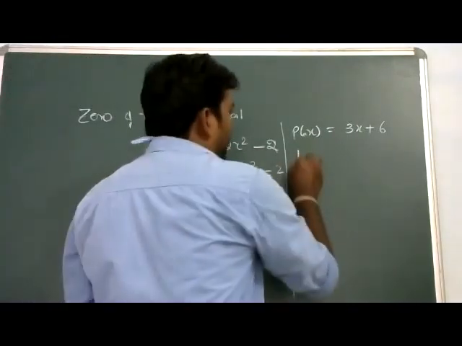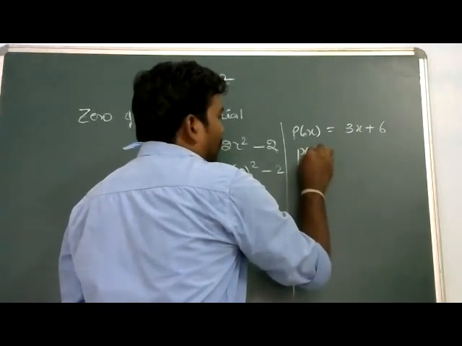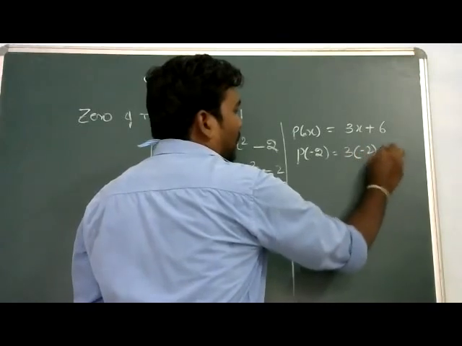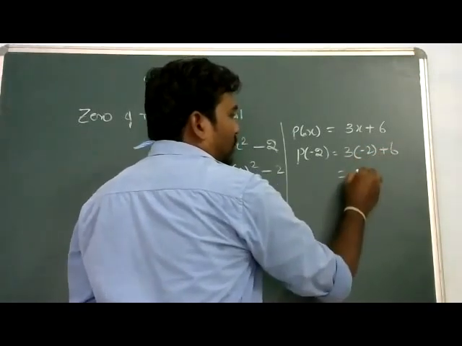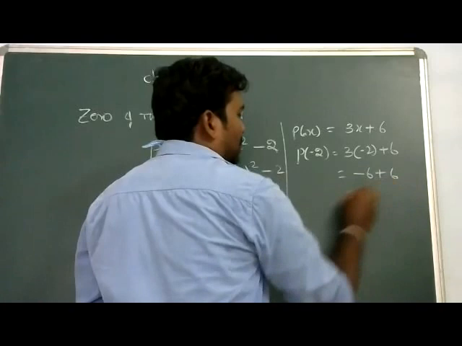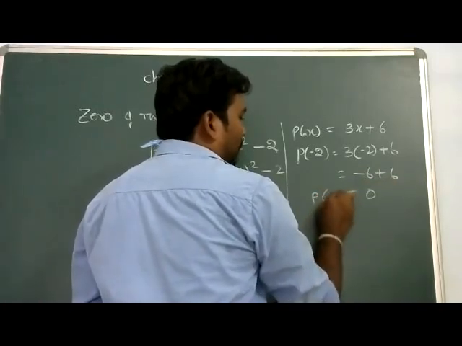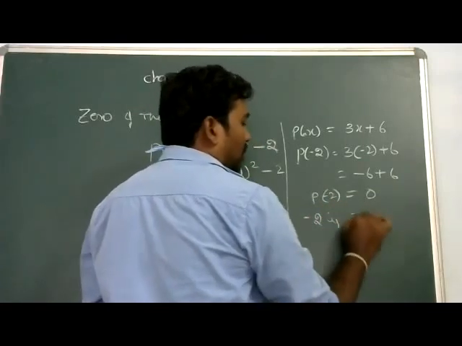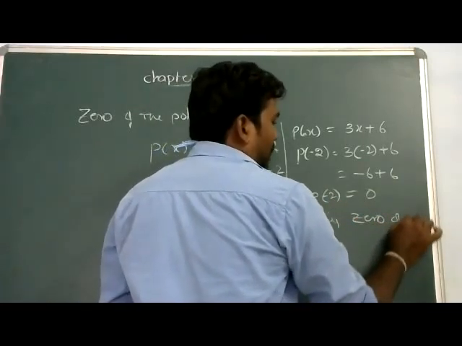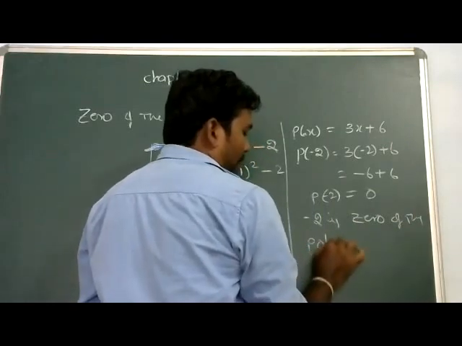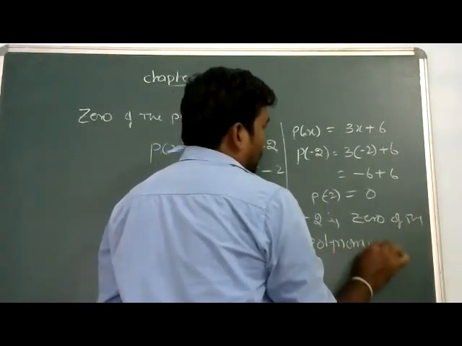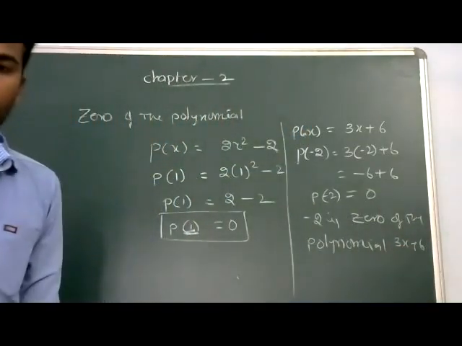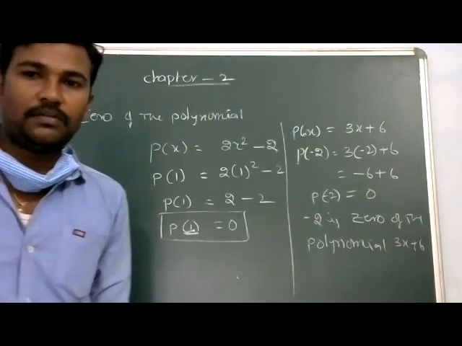Here you can substitute minus 2 instead of x. So 3 into minus 2 plus 6 is minus 6 plus 6, which is equal to 0. So p of minus 2 equals 0. Then minus 2 is the zero of the polynomial 3x plus 6. Is it clear now? Are you clear about the zero of the polynomial?